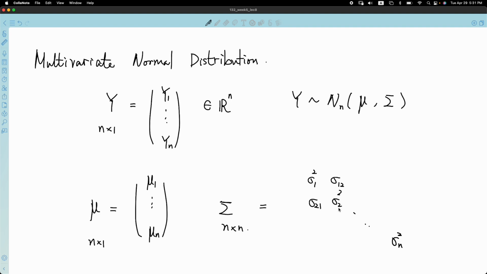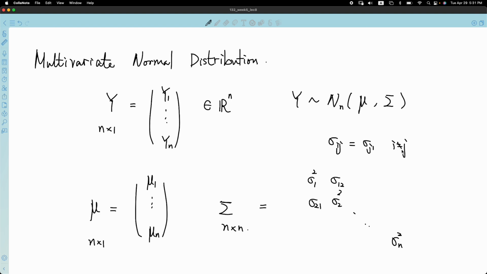For all i not equal to j, you will have sigma ij equal to sigma ji. When i equals j, it's just itself, like sigma 1 squared is just sigma 1 squared.